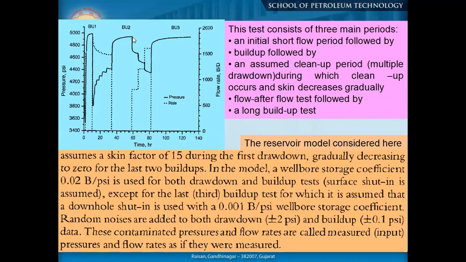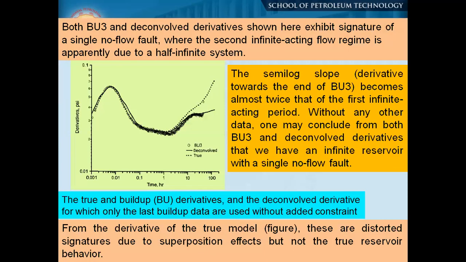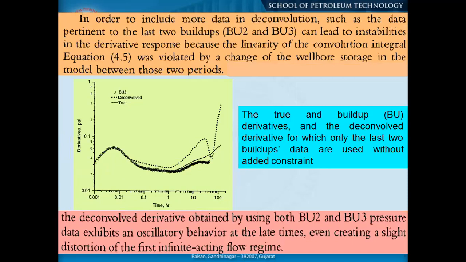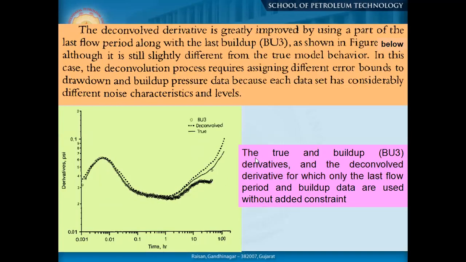In this first case we consider only the third build-up part. In the second case we consider the second build-up along with the third build-up. And in the third case we consider this flow period as well as this one, which is a long time, so that may give us certain real information with slight deviation from the actual.